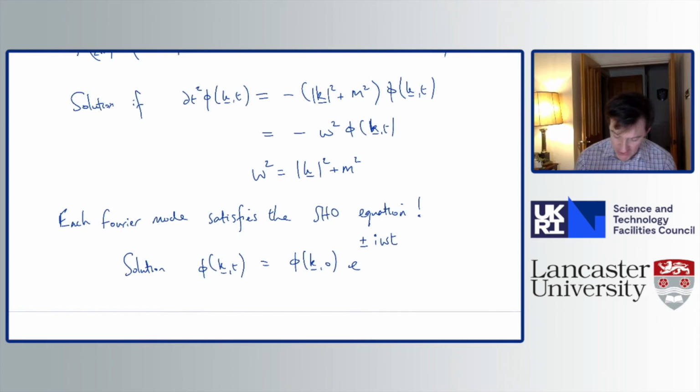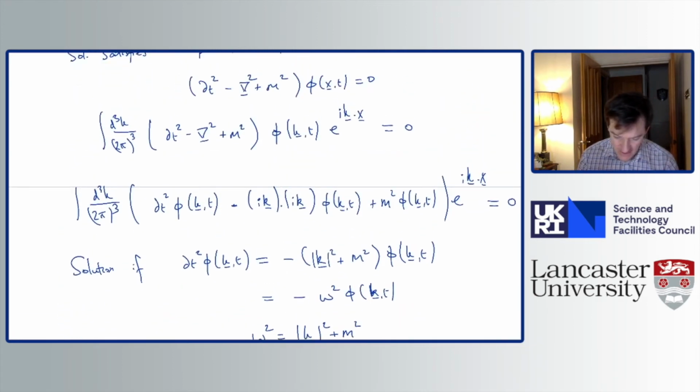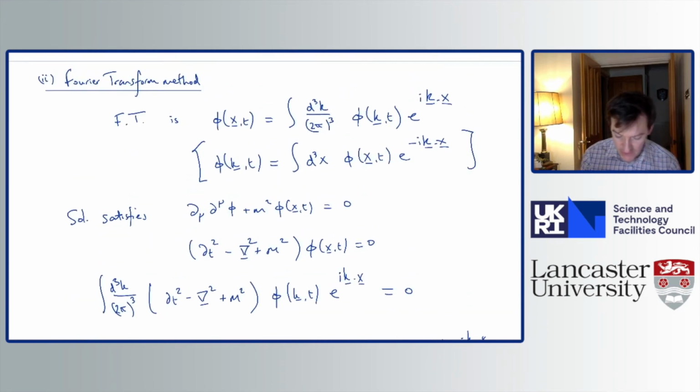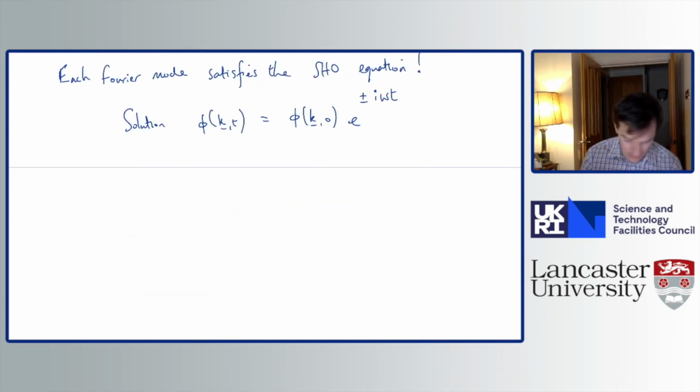So we can substitute this solution for phi of k and t back into our Fourier decomposition. We can substitute in phi k of t in here. We now know what it is. We find phi of x and t then is the integral over d3k over 2 pi cubed.